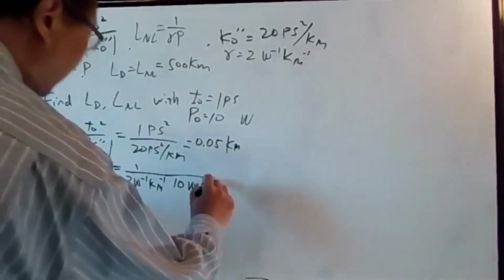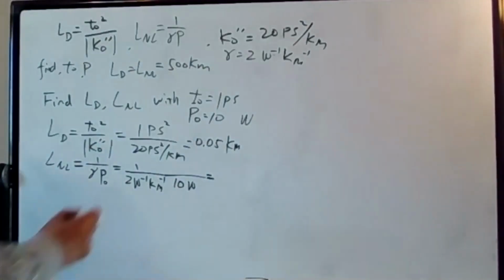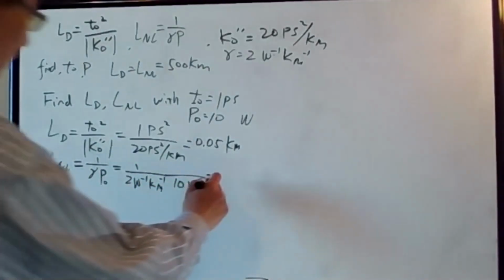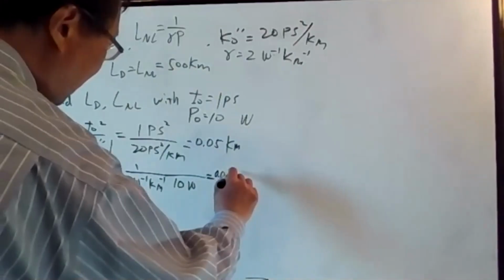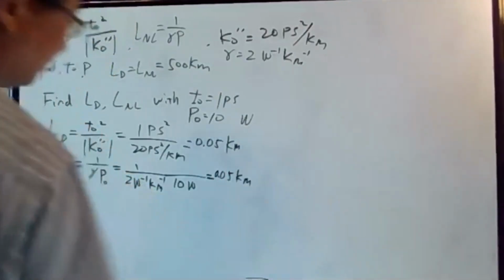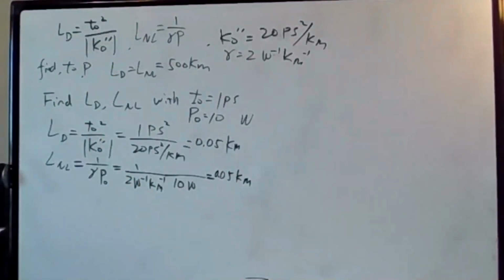So it is again 0.05 kilometer. So altogether, that is the dispersion length and the nonlinear length.